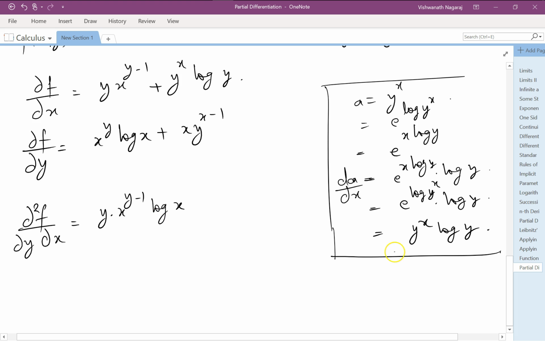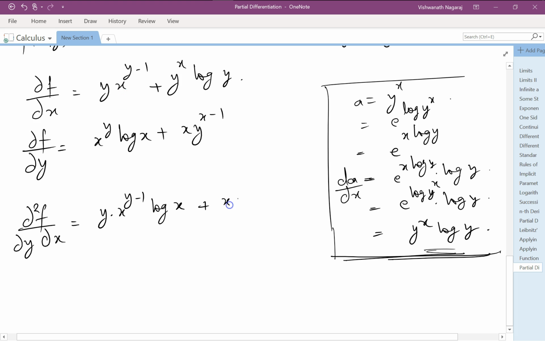This is based on what we derived here. y to the power of y, x to the power of y minus 1. We are going to apply this rule, y to the power of x log y. And we get this plus, remember, it's a product rule.